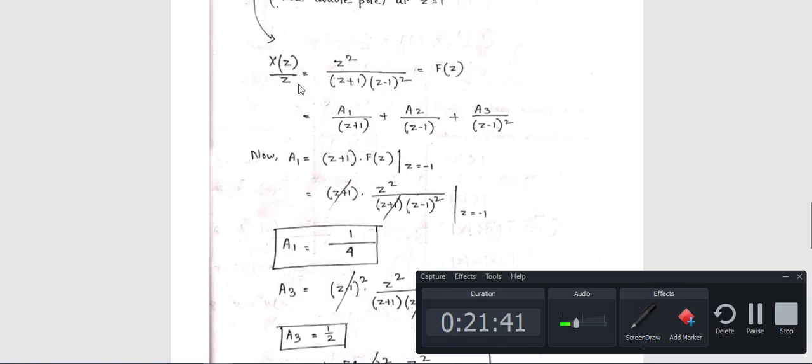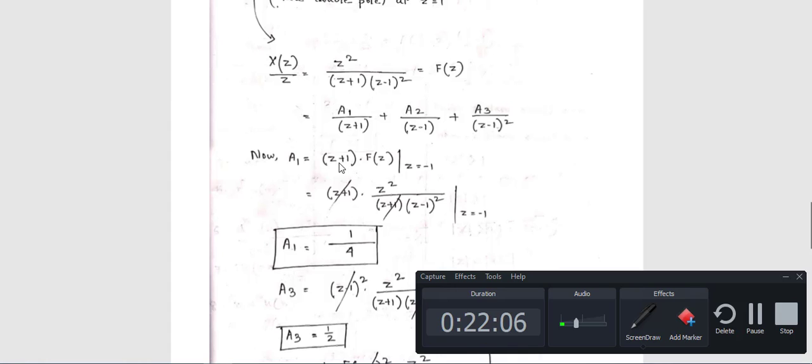If you want to calculate the value of a1, the value of a1 will be z plus 1 upon a1. What is the factor? Z plus 1. So just write down z plus 1 into f of z. F of z means this overall function, and you have chosen the z plus 1 factor.